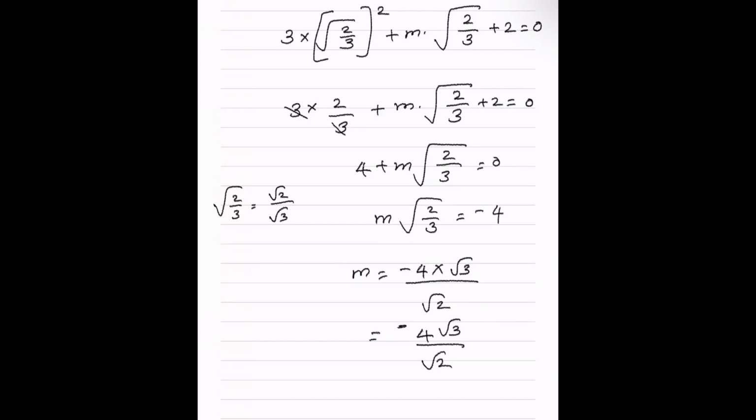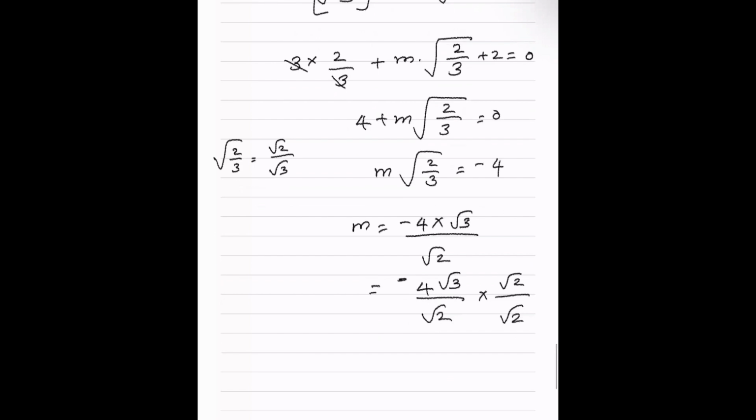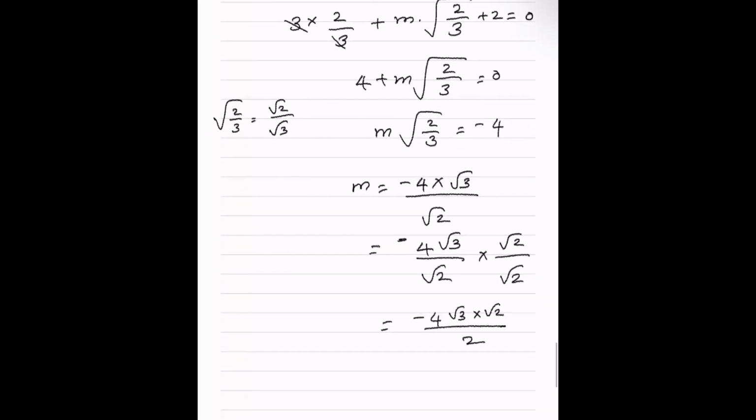Since this is just a single term, root 2, you just multiply and divide by root 2. What you are getting is minus 4 root 3 into root 2 divided by 2. This will cancel out those 2 and you are getting minus 2 root 6 as the final answer.